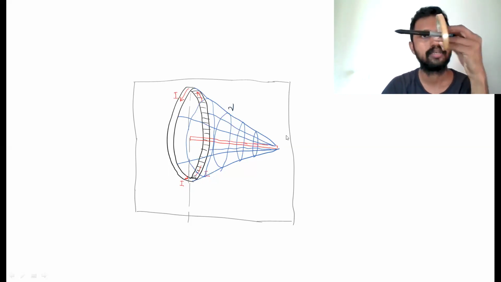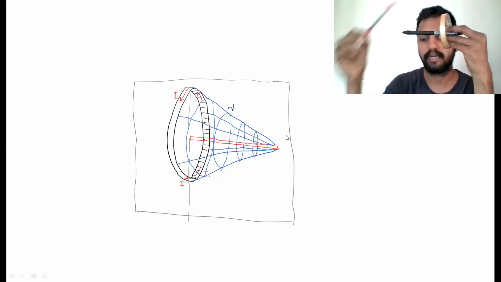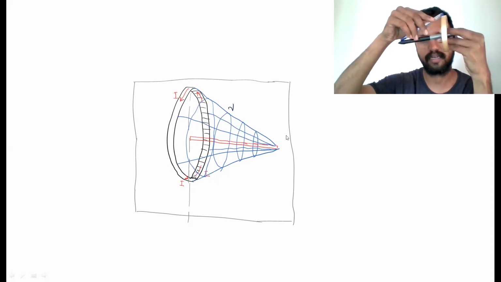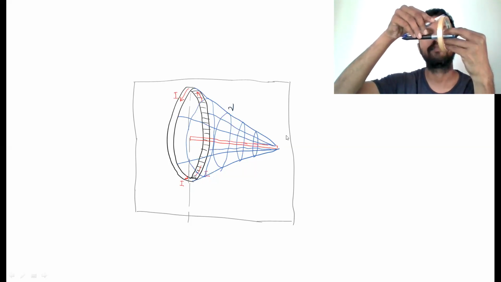And if we are taking the blue color lines, let me use the blue color pen itself. Therefore, these are the blue color lines. Imagine that this is our circular ring, and the pen passing through the center is the axis, and the blue color lines are the lines which are marked as R in our diagram.